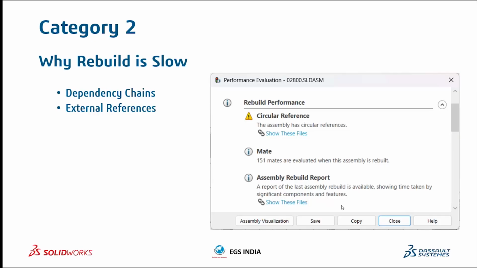And let's say that we have parts that refer to other files or other subassemblies, then the external references add another layer. So the amount of time required to go through rebuild and calculate all of these steps in between is going to be a lot for a large assembly. So we'll look at how you'll be able to reduce it in the future.